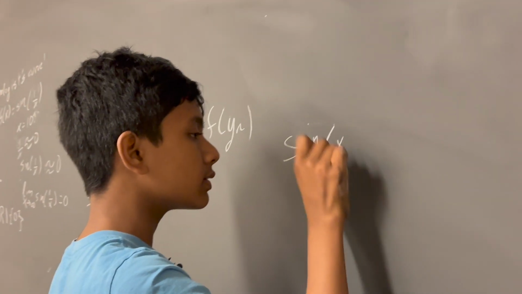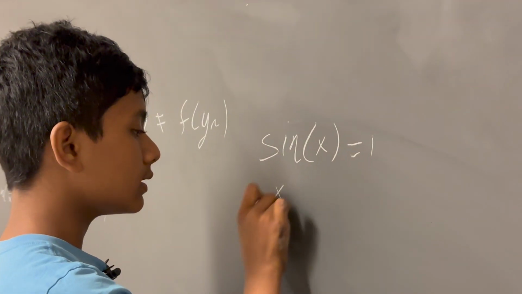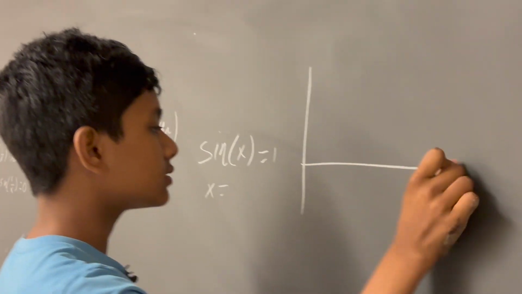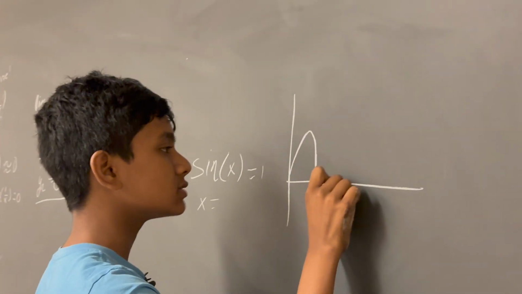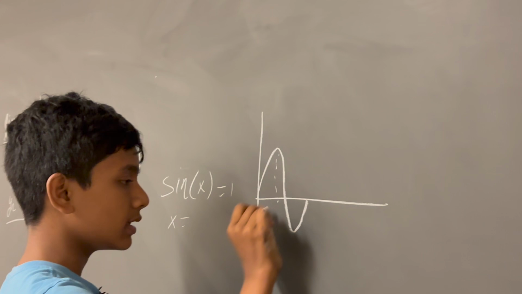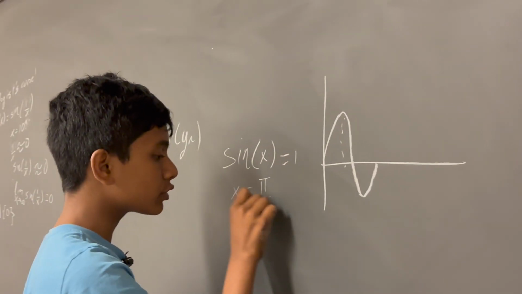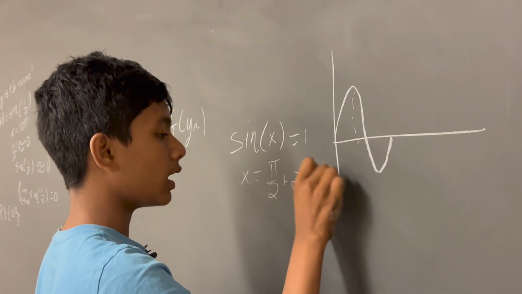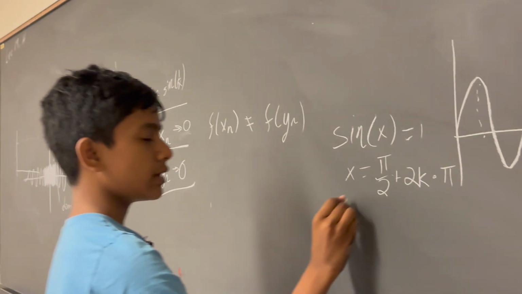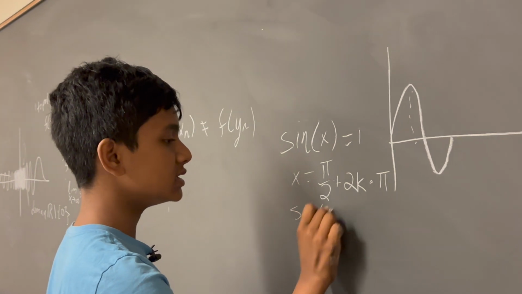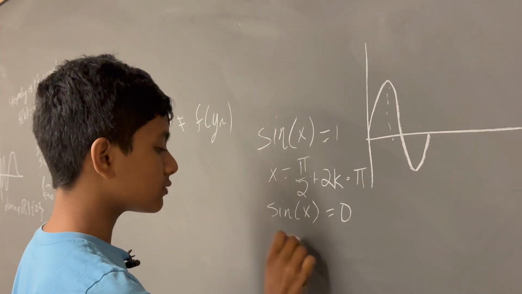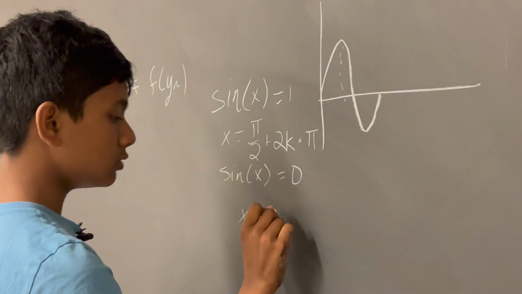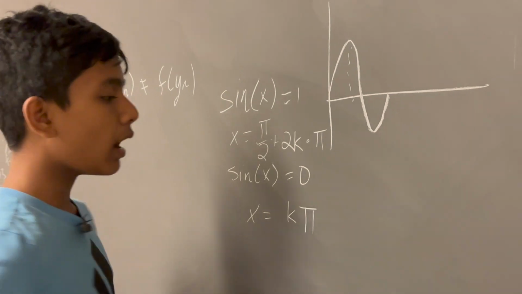Sine of x equal to 1. Well, let's draw a graph to remind ourselves. That's when x is equal to pi over 2 plus some integer multiple of 2 pi. And when is sine of x equal to 0? Well, that's when x is equal to some integer multiple of pi.